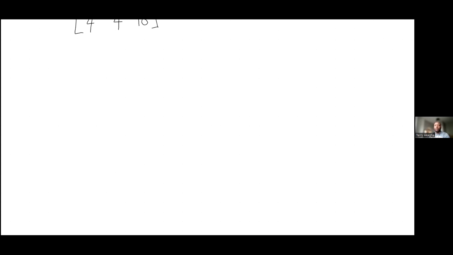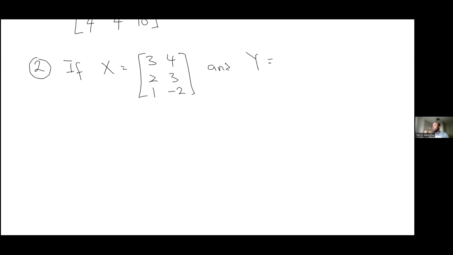Number 2, we're told if x is equal to 3, 4, 2, 3, 1, minus 2, and y is equal to minus 2, 1, 3, 0, minus 1, 2. We're now told to find x minus y.